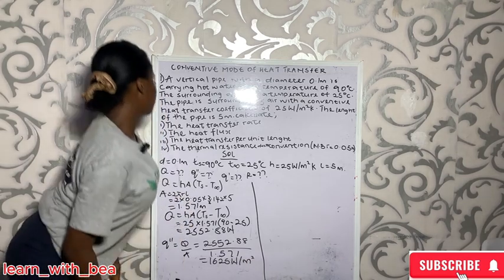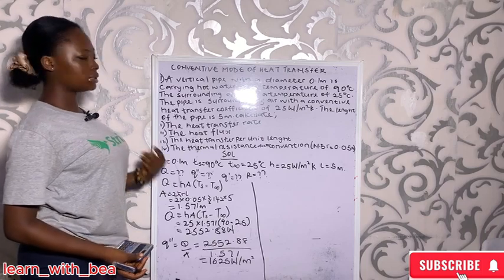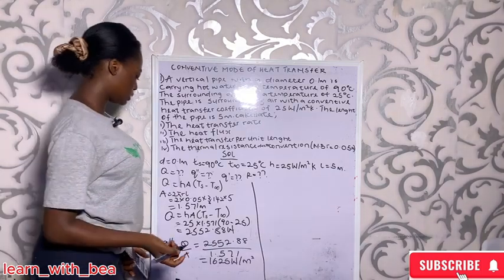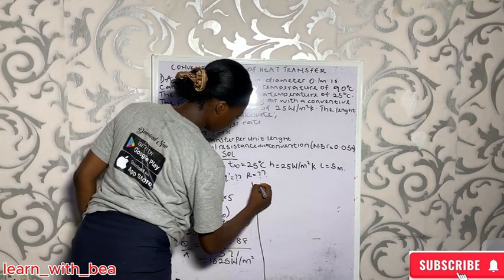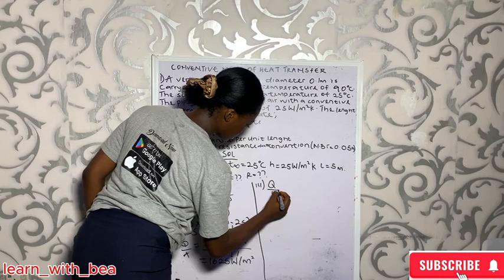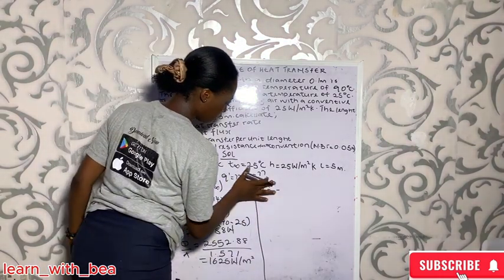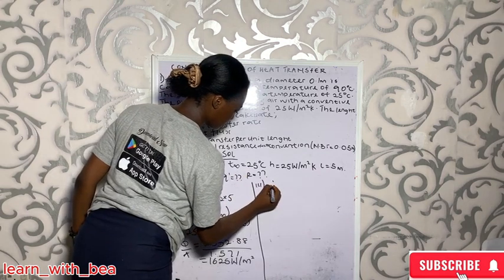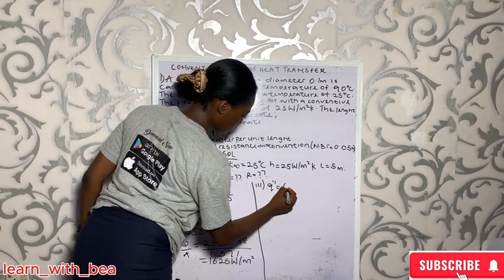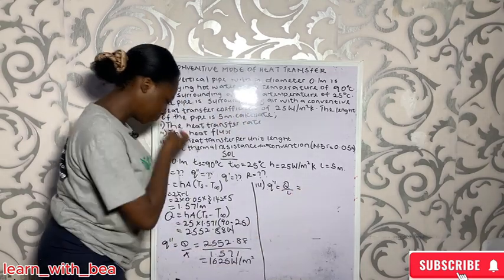The next one, we have to calculate our heat transfer per unit length. Heat transfer per unit length simply means the heat per length. That's just what they're trying to tell us that we should calculate. And we denoted it as this. So that's Q over L. What's our Q?